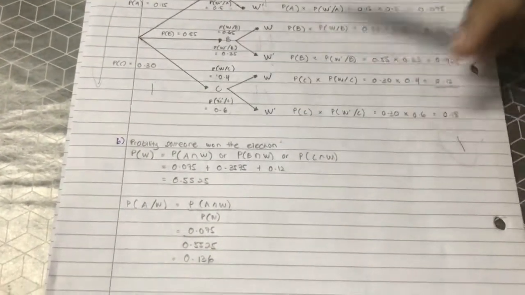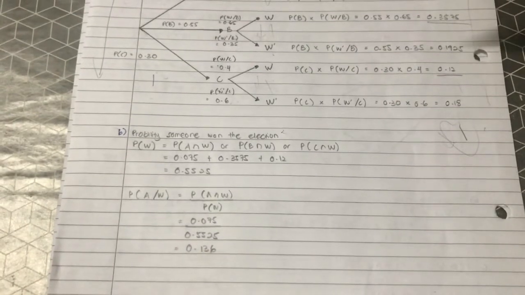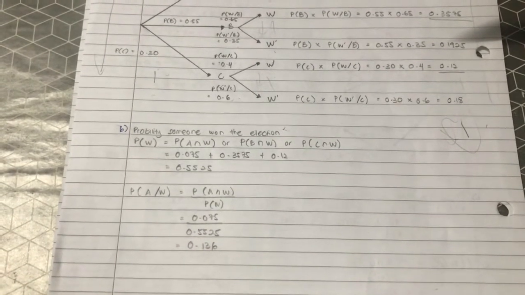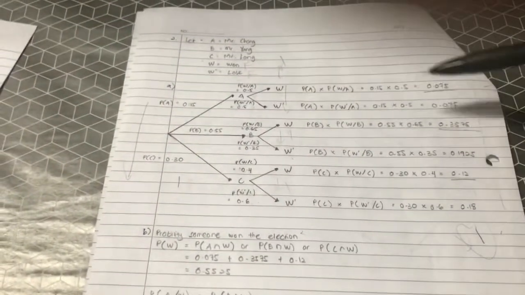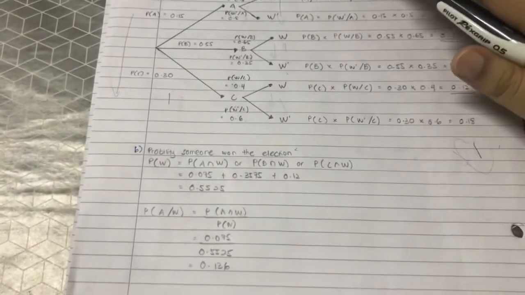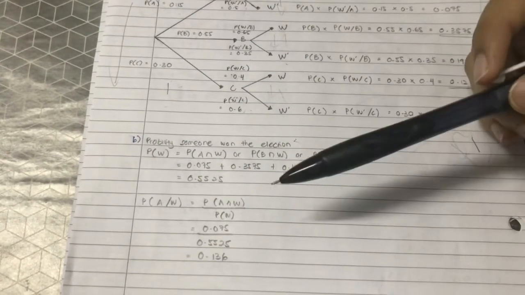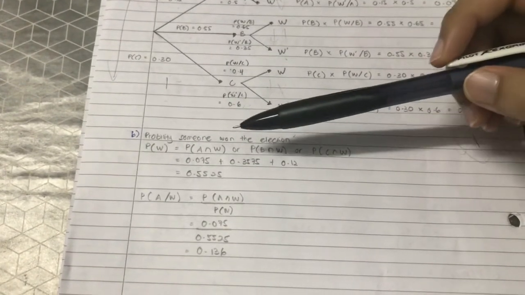For part B, the question wants us to find the probability for Mr. Chong to win. First you need to find the probability that someone won the election.